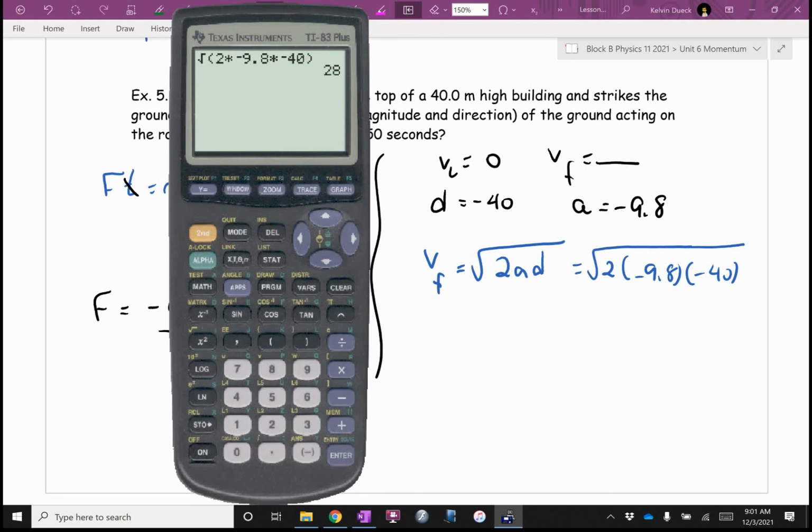And I get, oh, what do you get? Yeah, why is that wrong? I think this time because it's velocity, we know that we don't want the positive root. Which way is this thing traveling when it hits the ground?